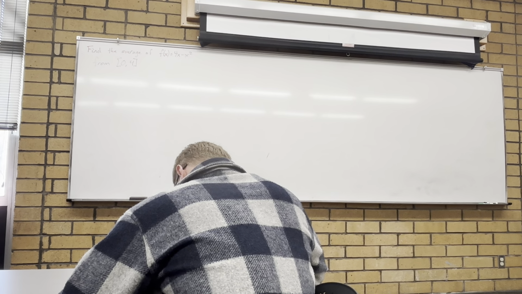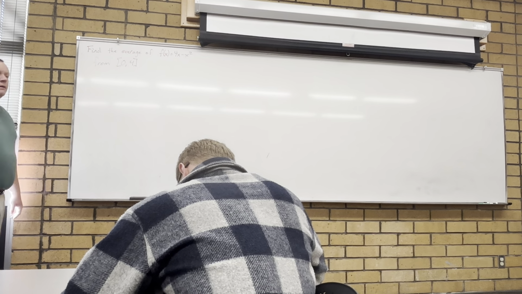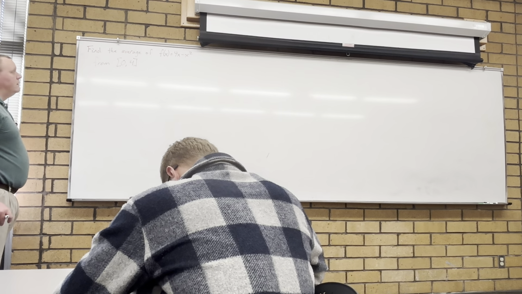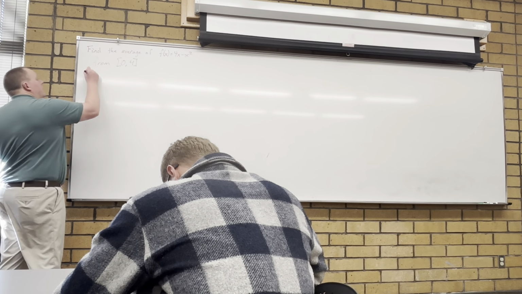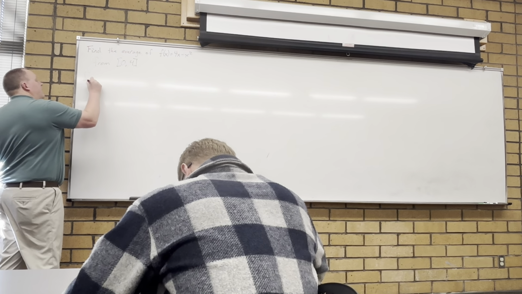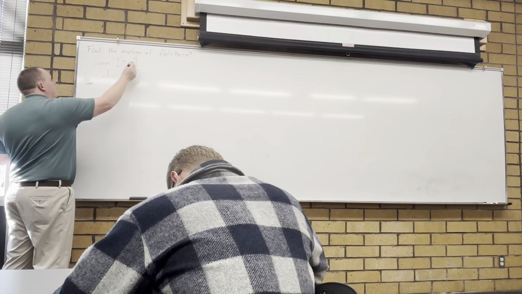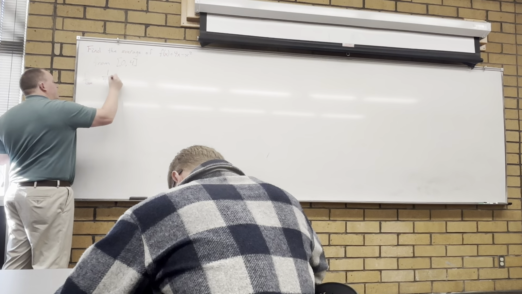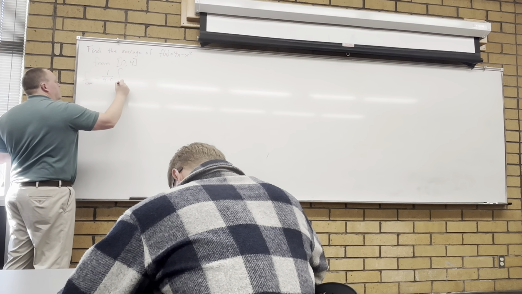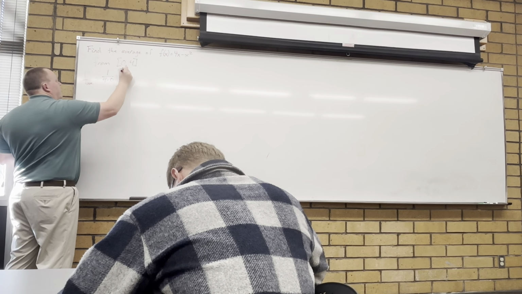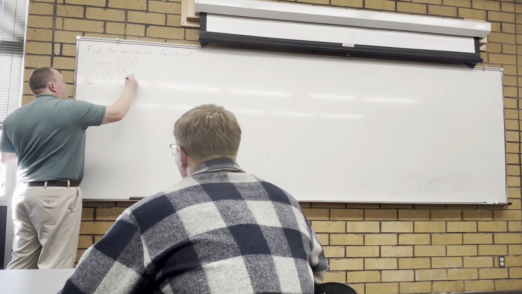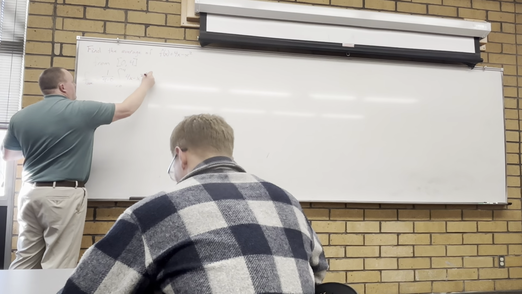Probably on. Okay. So, f average is equal to 1 over b minus a, so that would be 4 minus 0, times the integral of 0 to 4 of f of x, 4x minus x squared, dx.